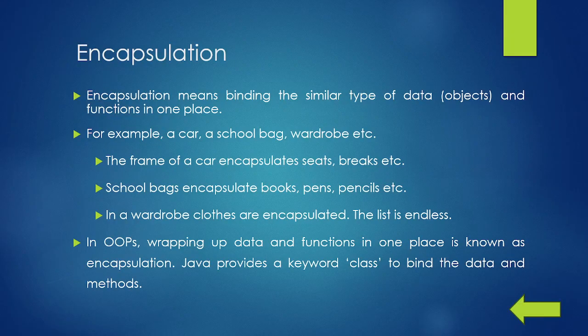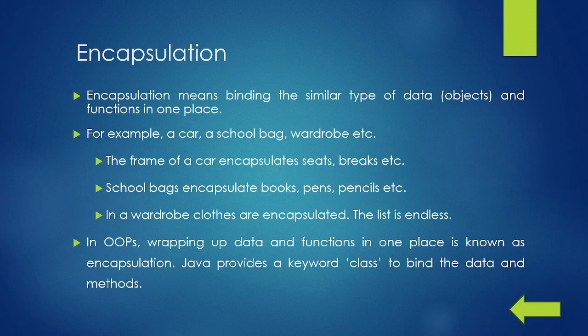It means wrapping or binding the similar type of data and functions or methods in one place. For example, a car, a school bag, a wardrobe, etc. The frame of a car encapsulates seats, brakes, etc. School bags encapsulate books, pens, pencils, etc. In a wardrobe, clothes are encapsulated.